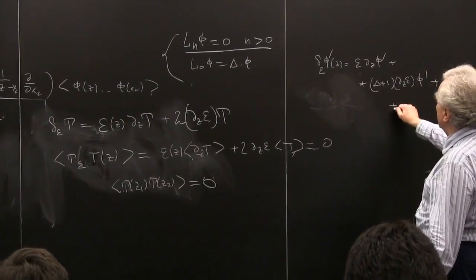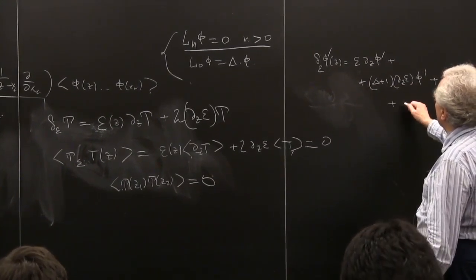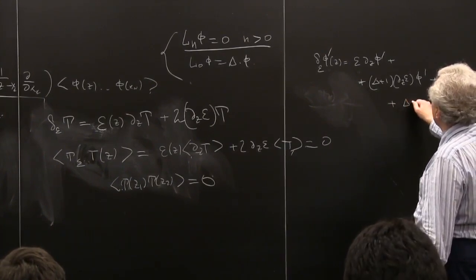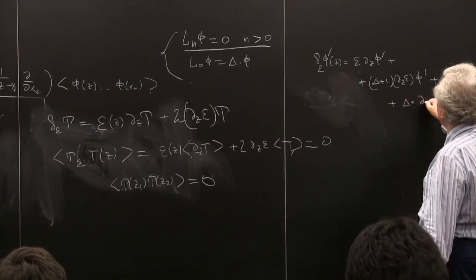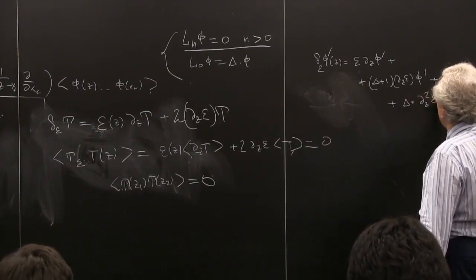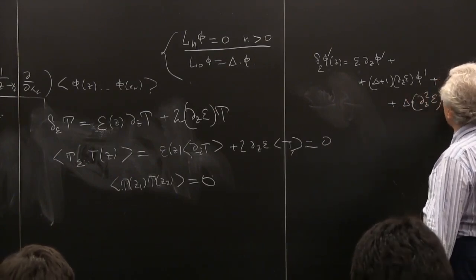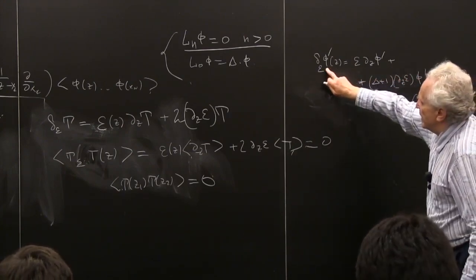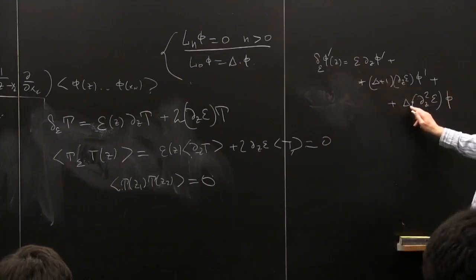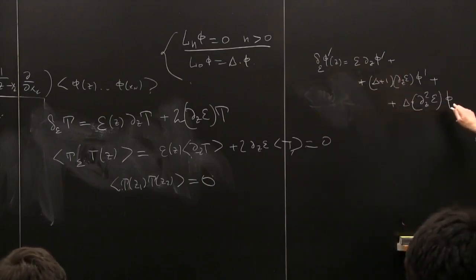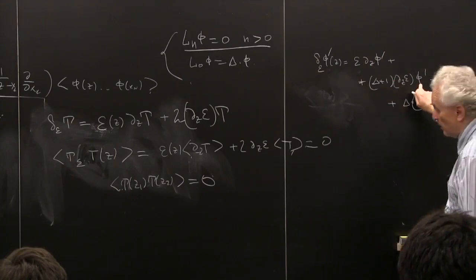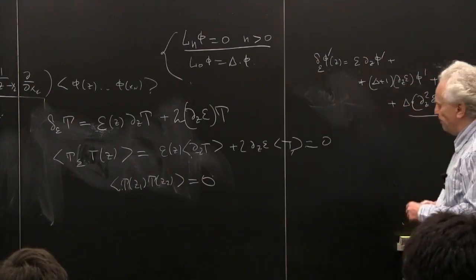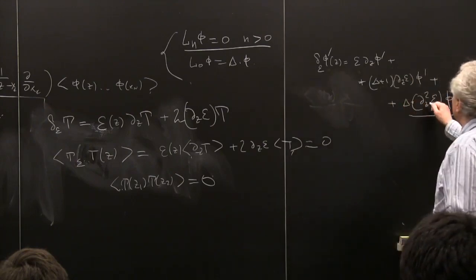But we notice that there is also the term delta multiplied by dz squared epsilon multiplied by phi. So the descendant operator's transformation law is expressed not only in terms of itself, but also in terms of this primary operator.